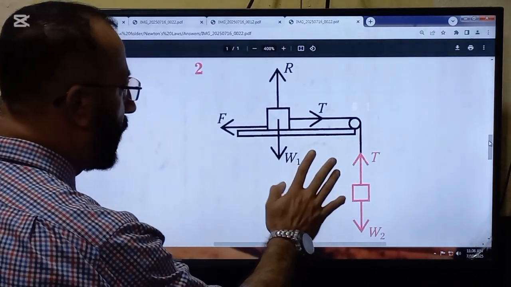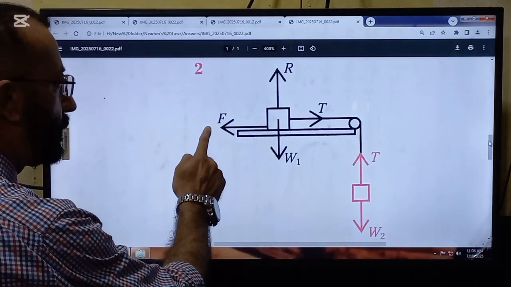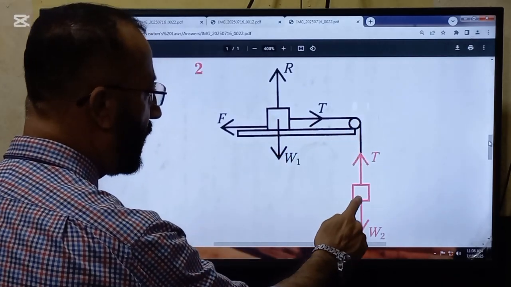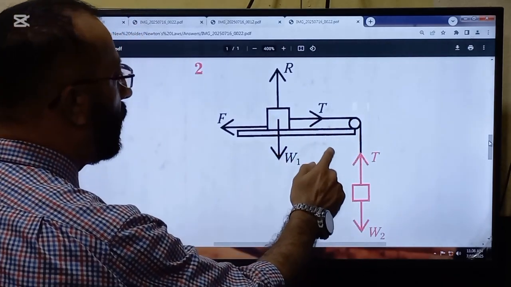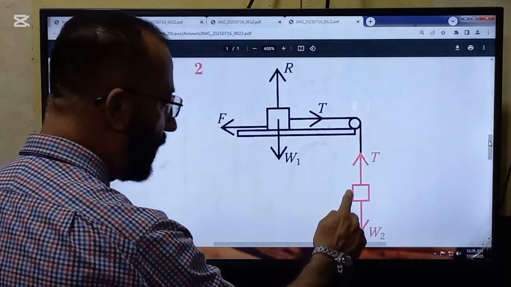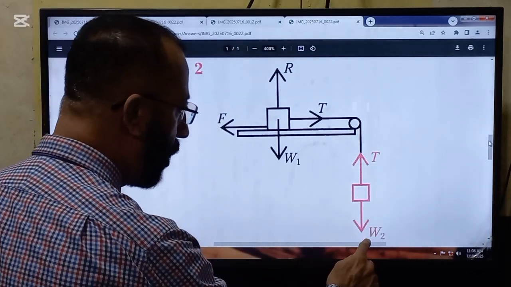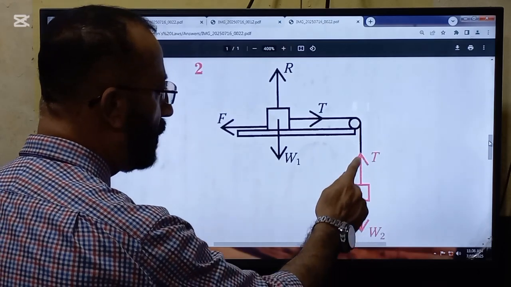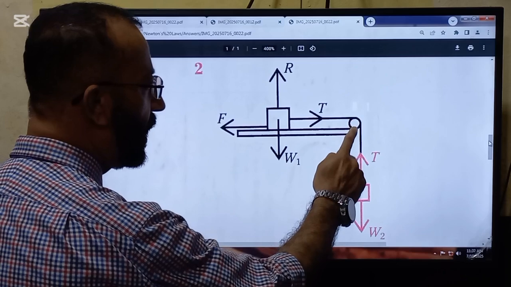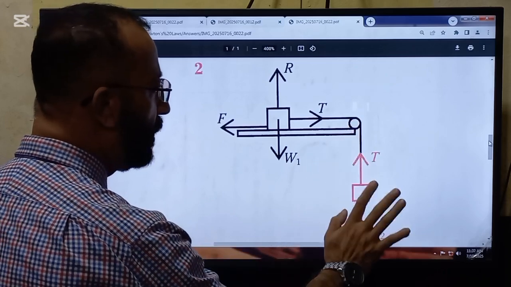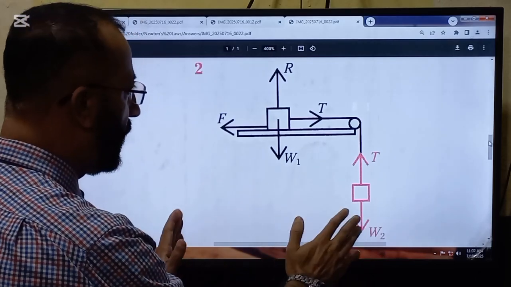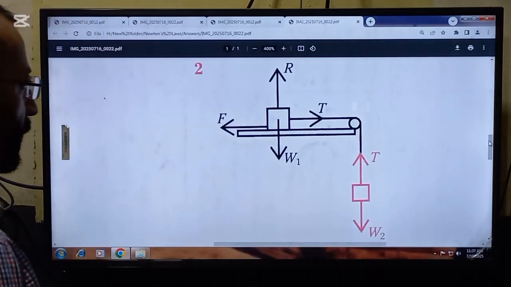Because the table is rough, friction will be there, and there will be tension in the string because the body is hanging with the string. Now the weight of this body will act downward, and in reaction there will be a tension in this string, and because there is a smooth edge, there will be no reaction in the string in the opposite direction. So these are the forces in this figure.